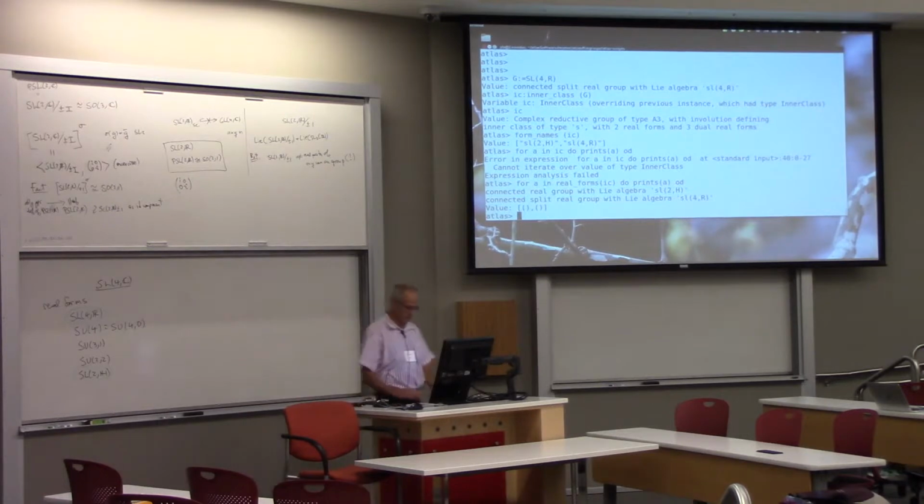And let's set compact IC to be the inner class of A3. So you put the root element of IC, with the same root element of IC.